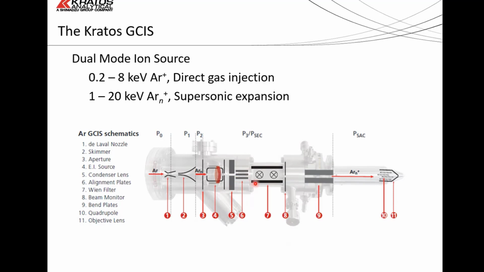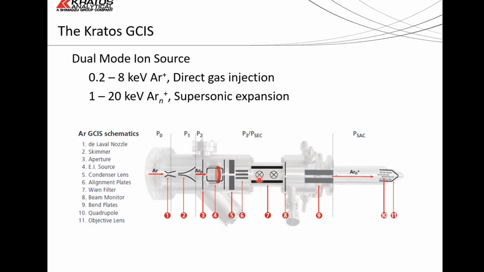We're using a negative potential to extract the positive ions formed within the EI source forwards through an electrostatic lens column. But what's different to a conventional ion source here is we have a Wien filter in the central portion of our ion column. This is basically a crossed electrostatic and magnetic field. The idea being that the magnetic field steers all of the very light ions, argon monomers, dimers, trimers, out of the column, so they don't travel forward and potentially damage your sample.